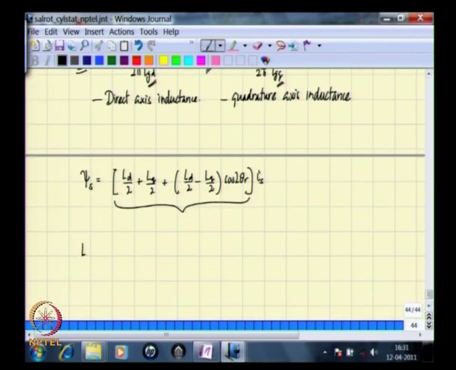Therefore, we can write L s is L d plus L q by 2 plus L d minus L q by 2 into cos of 2 theta r.